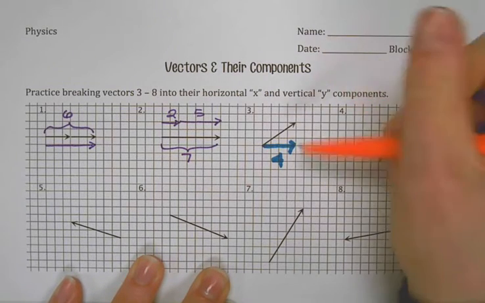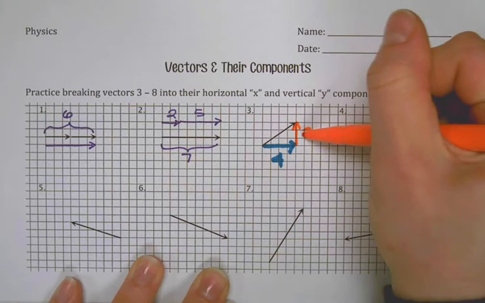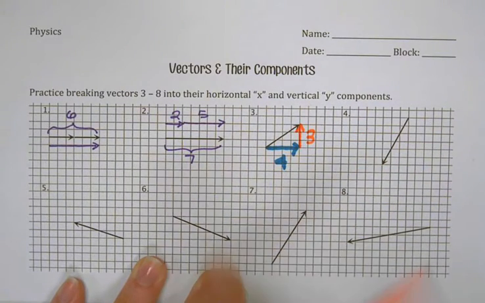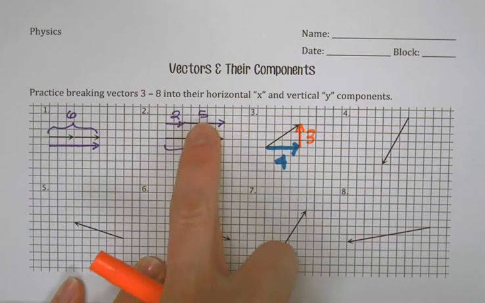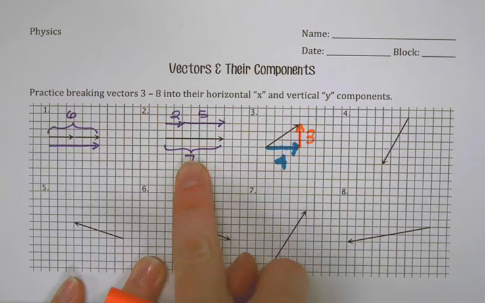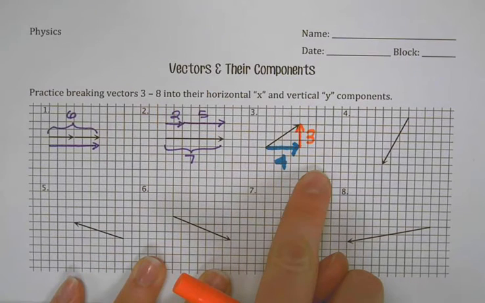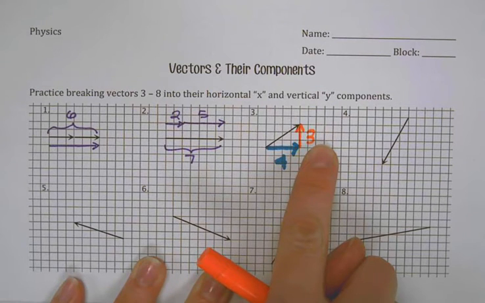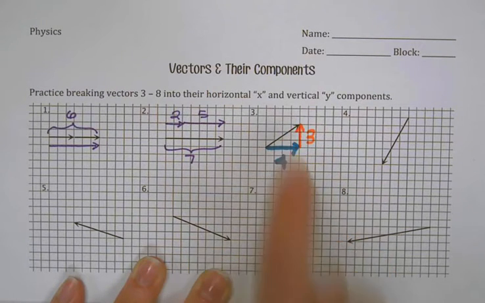and 3 up. So just like this vector, 2 plus 5 was equal to 7, now a 4 to the right and 3 up is equal to this angled vector.